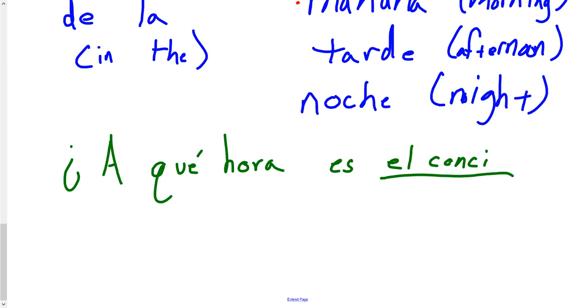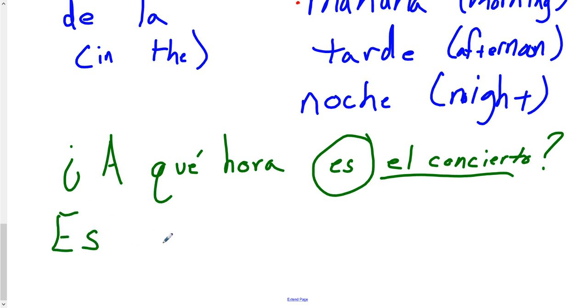Okay? Notice we used es because of the event, right? So we're going to use es in our answer. Es, but the way we make this "at" is we just put a. And then unless it's 1 o'clock, you're going to put las. If it's 1 o'clock, you'll put la because it'll be una. So es a las, let's say that the concert is at 8:10.